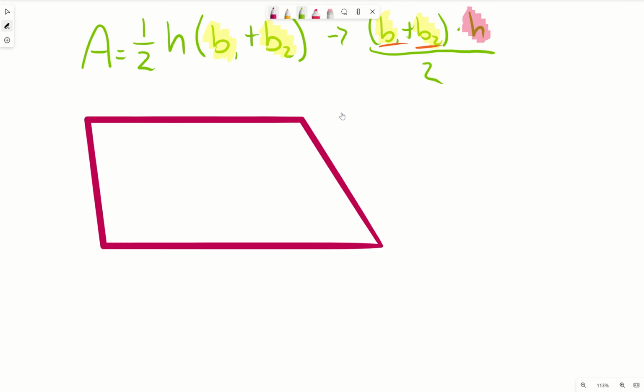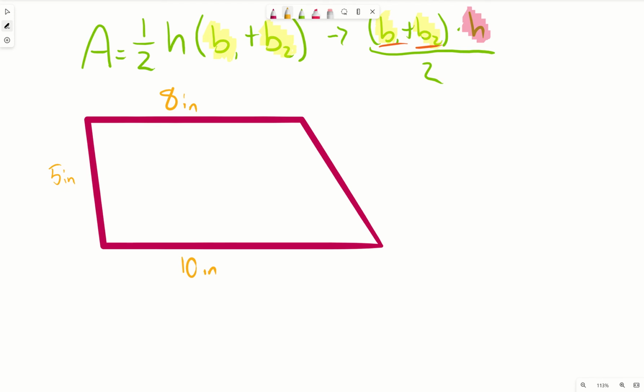Okay, let's go with this, and we'll say this is going to be 8 inches, this is going to be 10 inches, and my height here is going to be 5 inches.